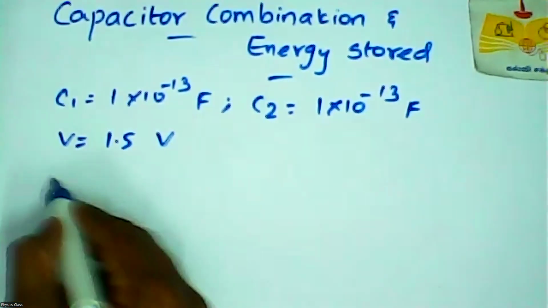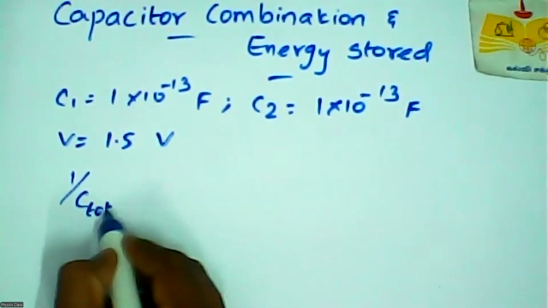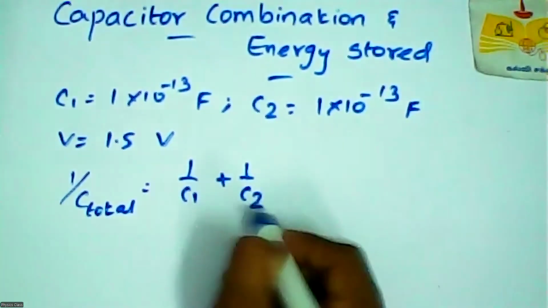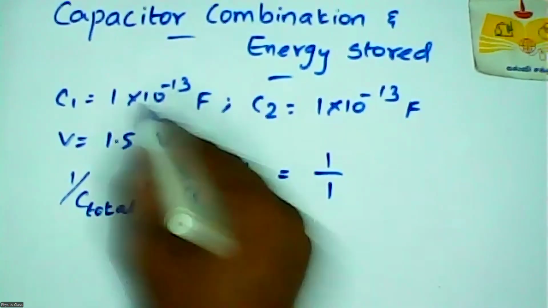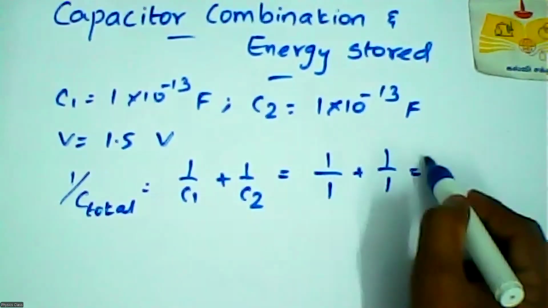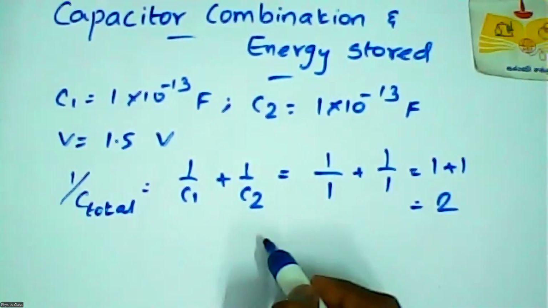So the total capacitance in a series connection, C total or equivalent, is given by 1 by C equals 1 by C1 plus 1 by C2. Here we can substitute the values: 1 by 1 plus 1 by 1, which is 2. Clear?